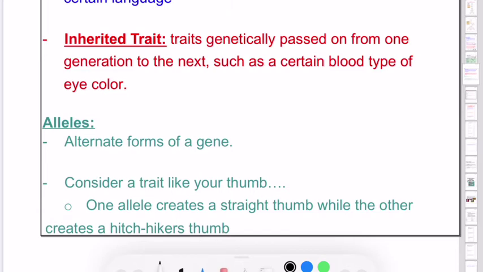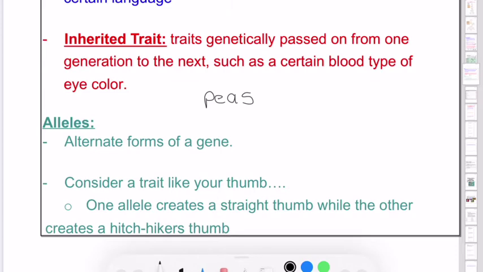So on here they've got the word alleles, and I was just looking to see exactly what they mean by this. But alleles are basically just different forms of the gene. And when we're talking about peas, for instance, we use letters to represent the different traits.